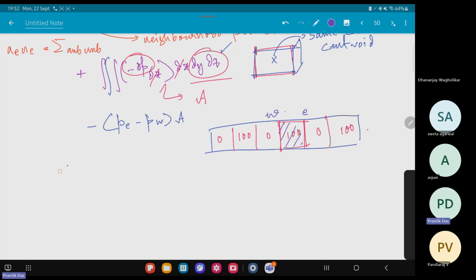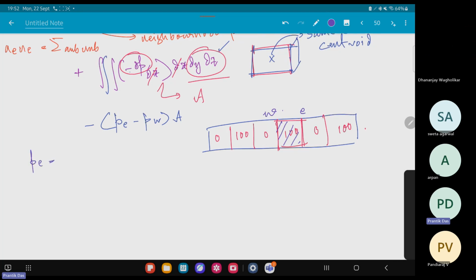If I want to find out the value at the east and the west face, as I have said earlier, we express this east face as a mean of P_E plus P_P divided by 2. And similarly for the west face, I write it as P_P plus P_W divided by 2. Is it clear to all of you? That's a central difference formula, by the way.